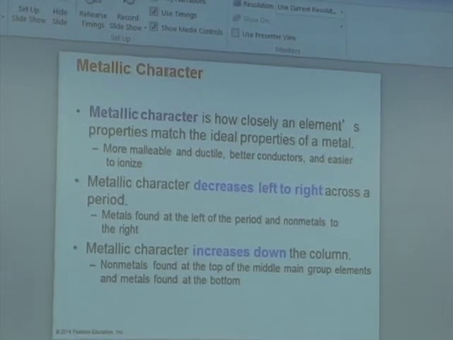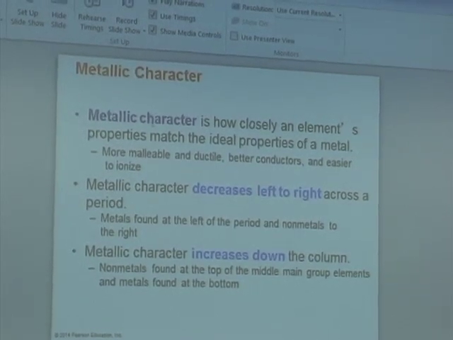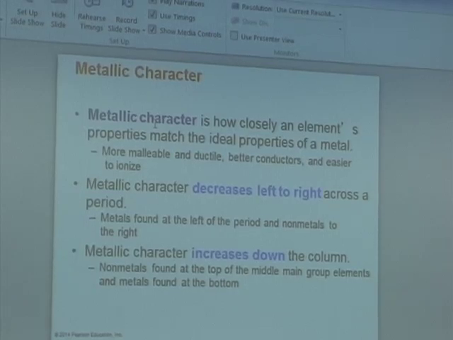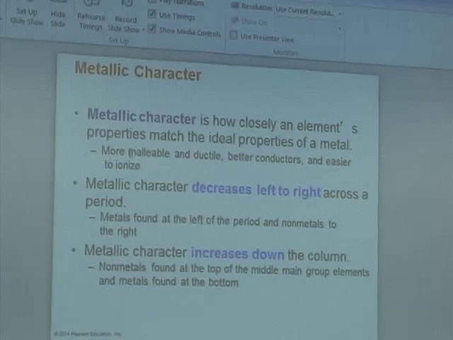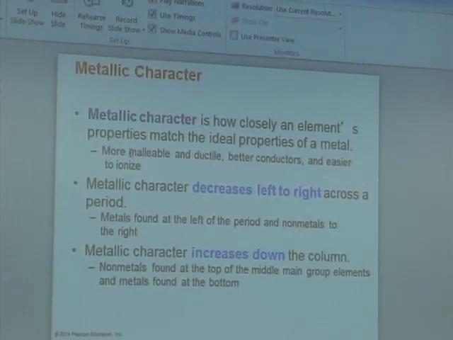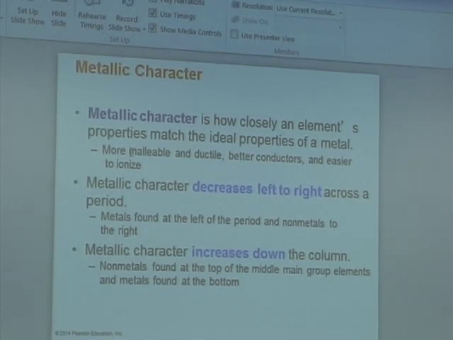So now we want to look at the metallic character of certain elements. We learned also, this is chapter 2 or 3 or 4, that metals are malleable. You can pound them, you can pound aluminum to whatever shape you want it to be, so they're good conductors, and they're also easier to ionize.